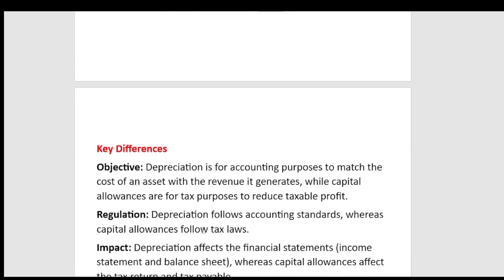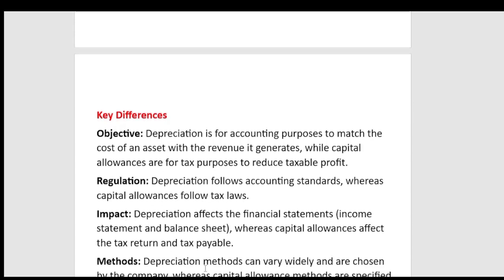Now, impact. Depreciation affects the financial statements, the income statement and balance sheet. Those are the only two areas it affects. That is where you find depreciation. Whereas capital allowance affects the tax return and tax payable.